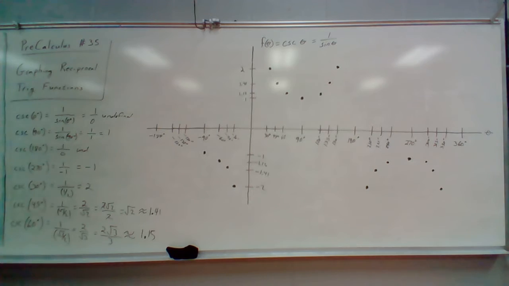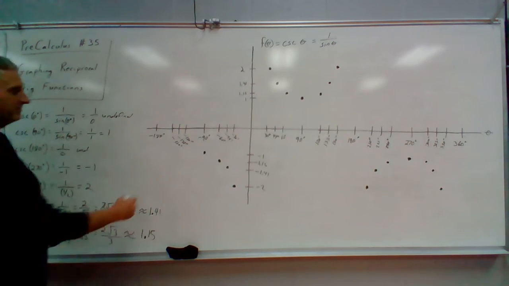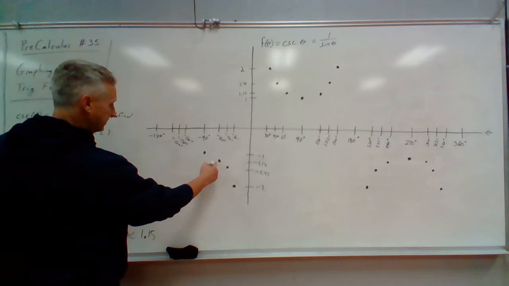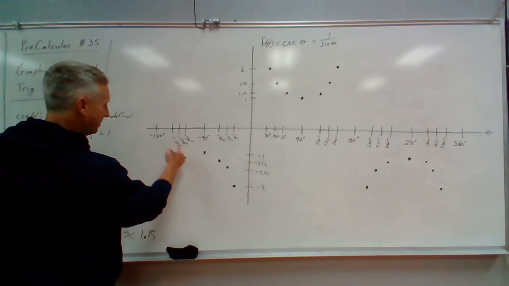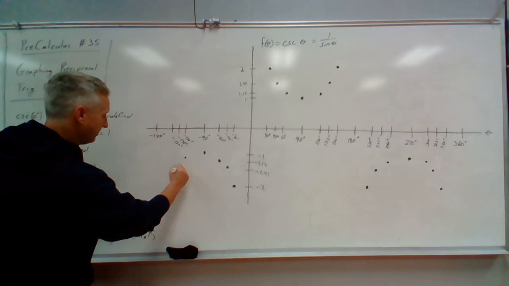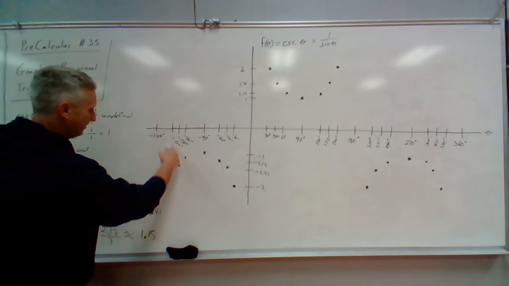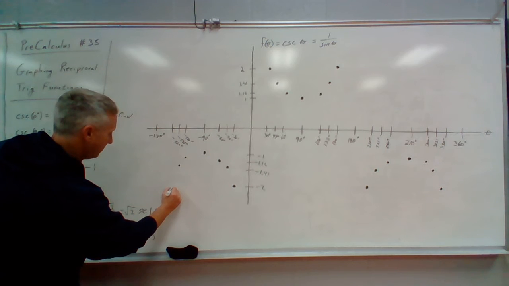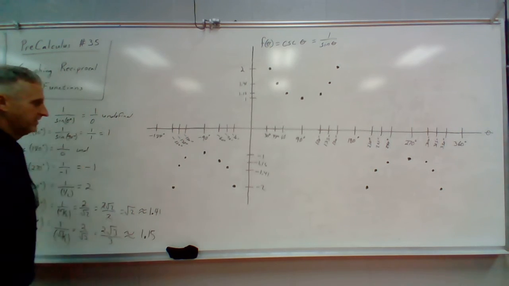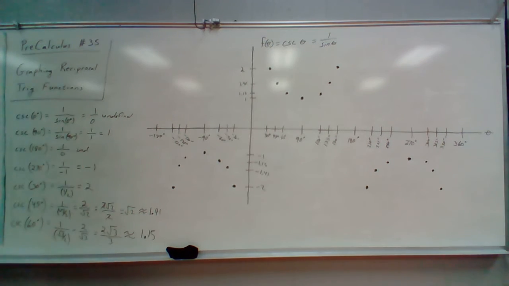Negative 120, I would be in the third quadrant, so my y value would be negative. And you see what's going to happen. It's going to match up with that. This will match up with this. Negative 150 will match up with that. And you get that. All right, so now we can pretty much see what this looks like.